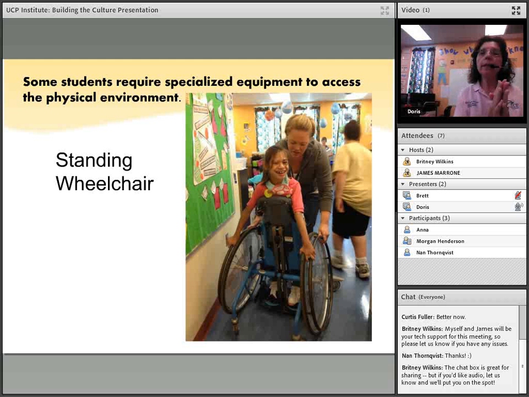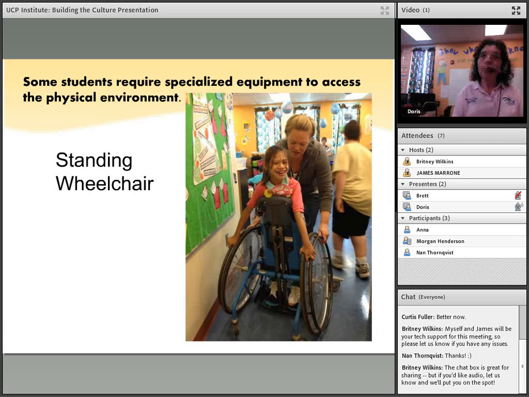And I want to talk about students in wheelchairs. In case you have a student that ends up in your classroom with a wheelchair, think about that child sitting in a chair all day. You wouldn't want to sit in a chair all day because you become cramped and so forth. They don't have the mobility to get up and walk.